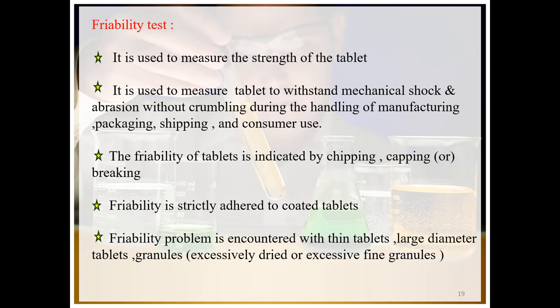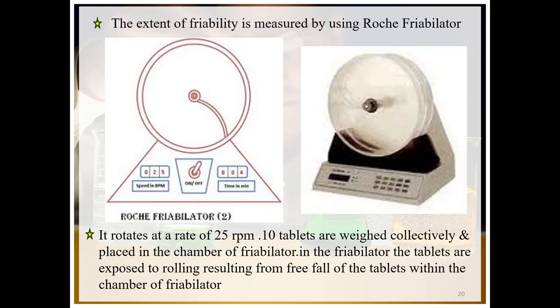Friability problems are encountered with thin tablets, large diameter tablets, and granules which are excessively dried or excessively fine. The extent of friability is measured by using the Roche friabilator. This apparatus is used to perform the friability test.